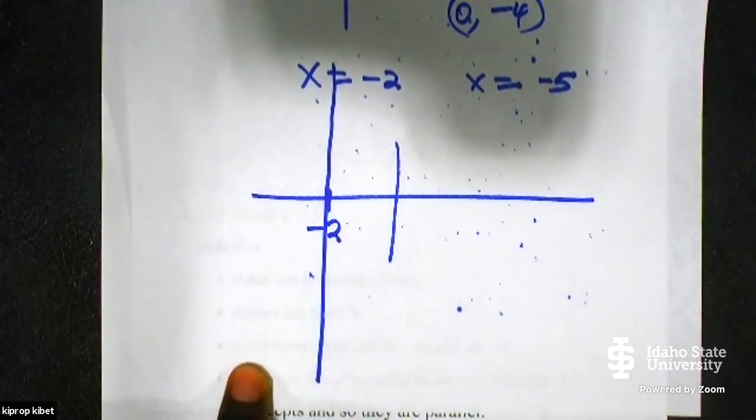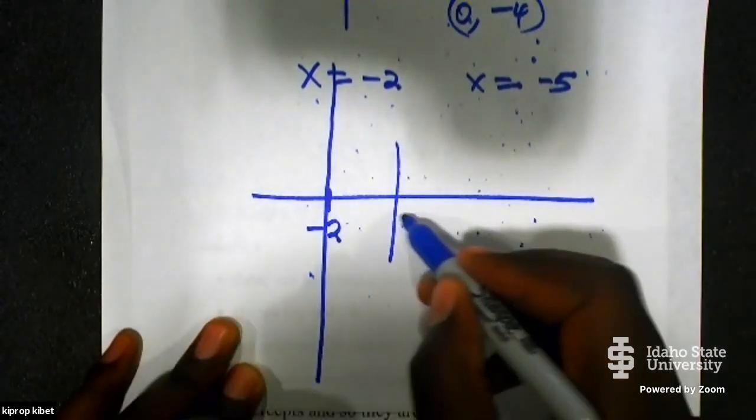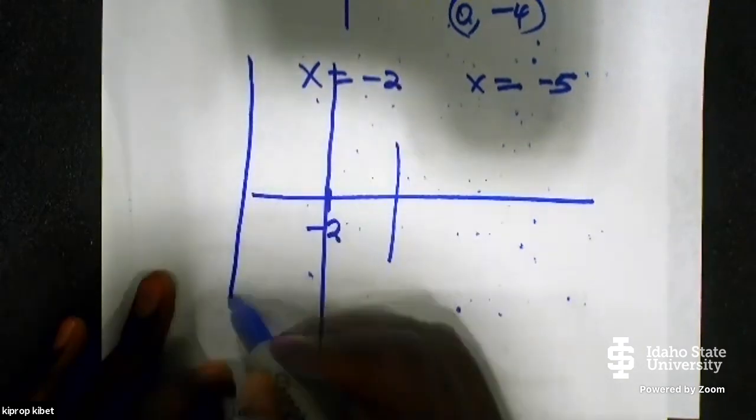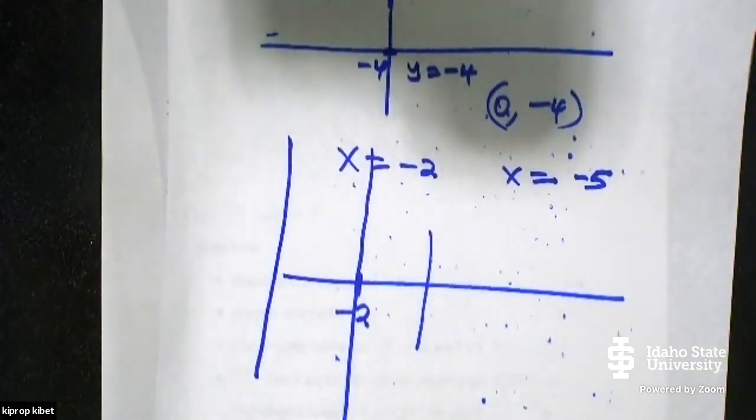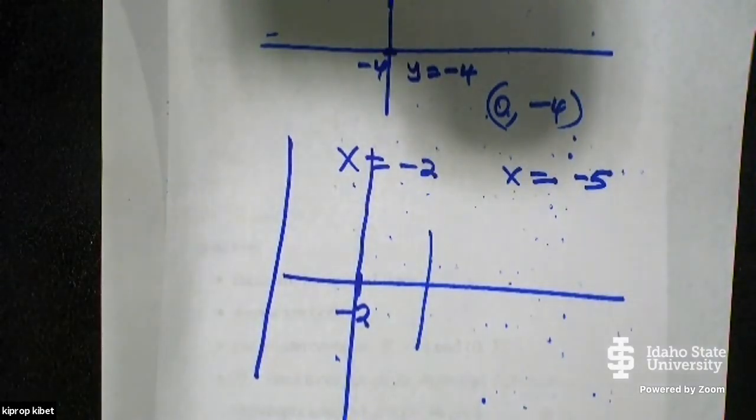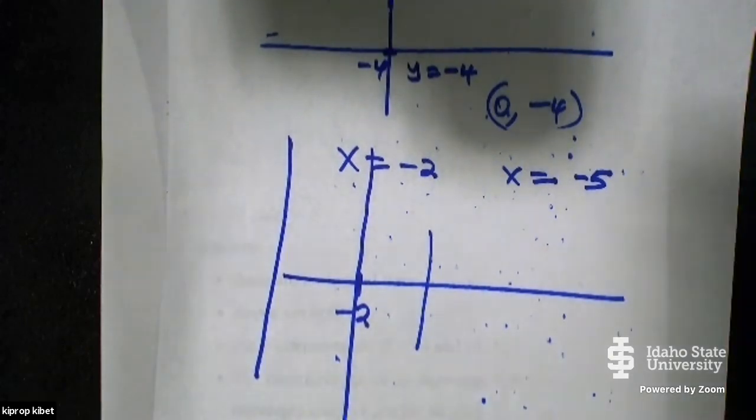And also when x is -5, then it will be somewhere there. So definitely, if it's a vertical line, then the gradient is what? When it is vertical, we say it is undefined, right? Because there is no change in x.